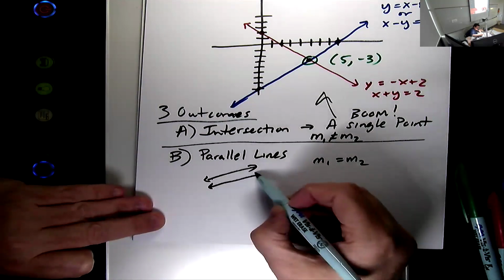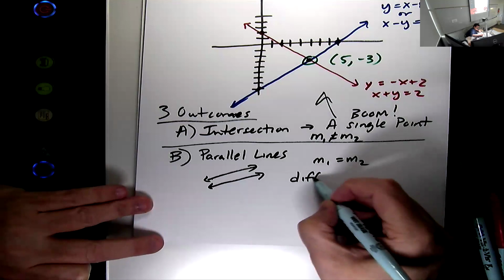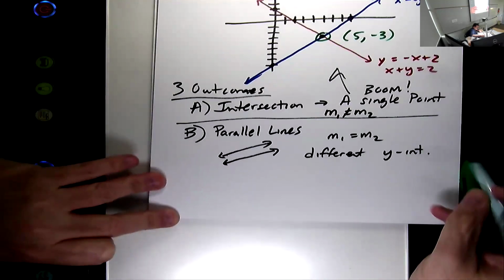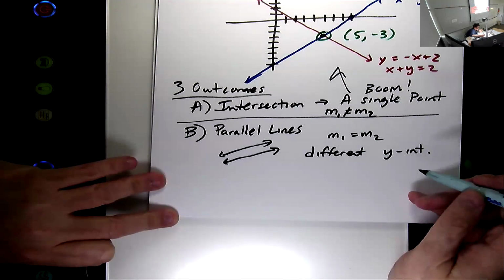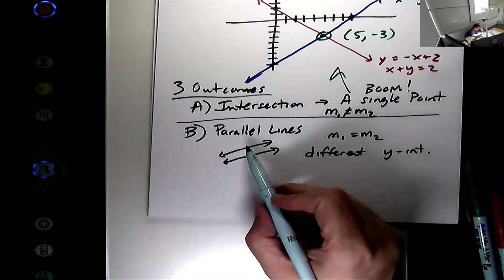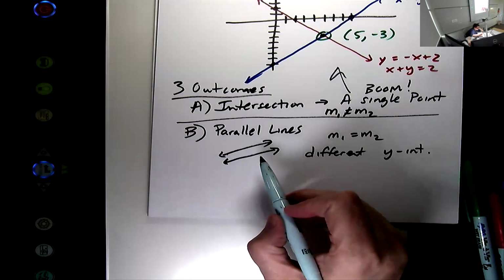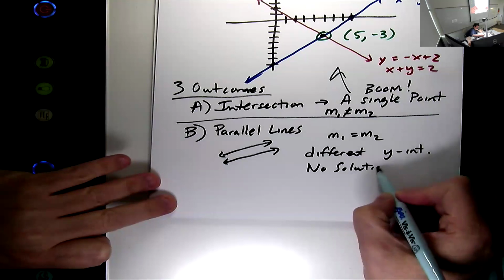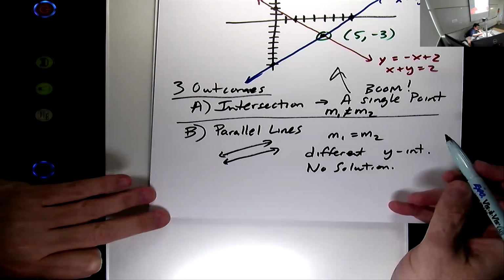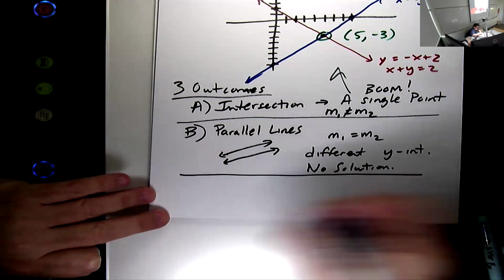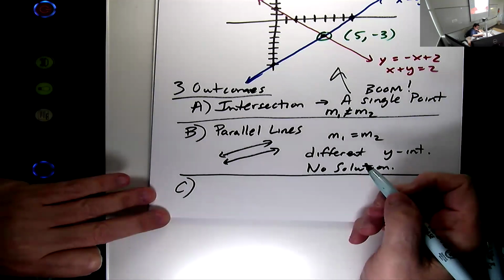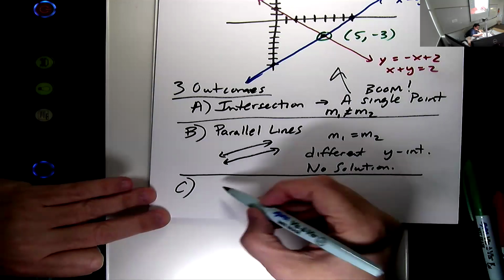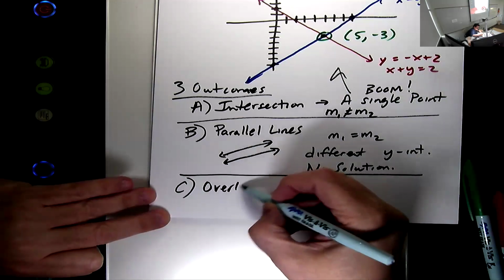They're gonna have different y-intercepts. These don't cross. There is no point on one line that works on the other line. So here, there's no solution. And C, it seems kind of lame, but it does happen on occasion. Overlapping lines.